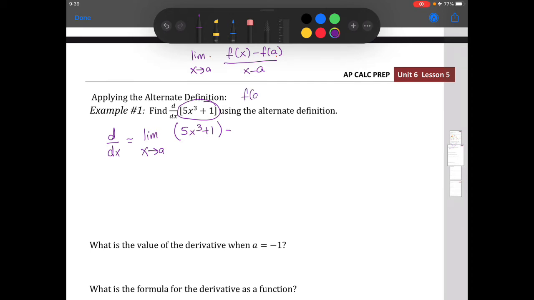Now what is f of a? Wherever I see x, I'm going to substitute a. So it'll be 5a cubed plus 1, over x minus a. If I distribute the negative, what do I get?